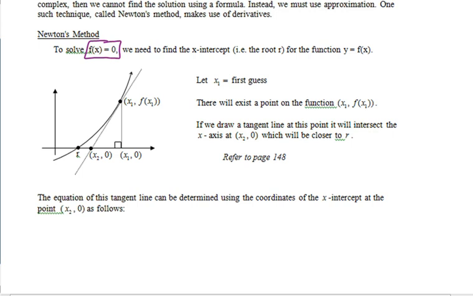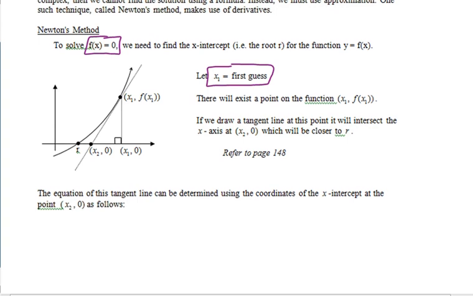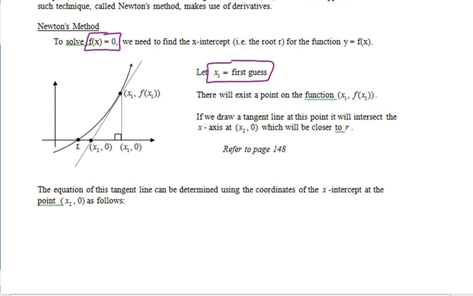So you make a guess, that's your first guess. Then we determine that obviously this guess is probably not right, and we plug it into our function. So we get the point: our guess, and the y value for our guess.